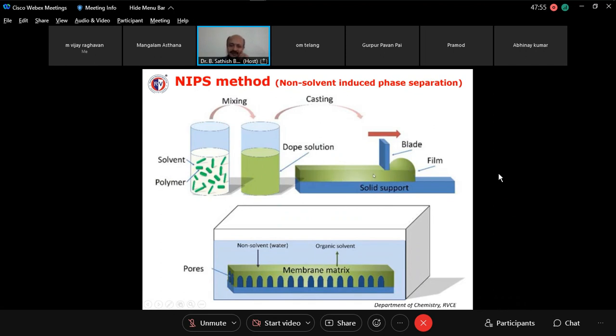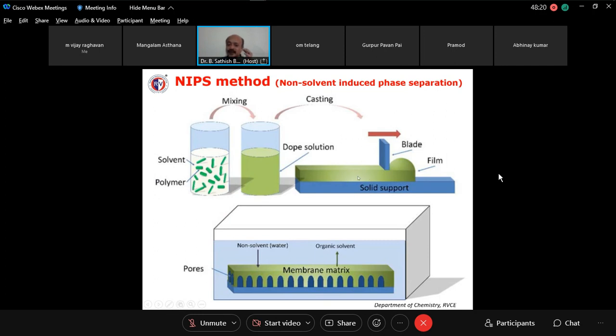Once you make the uniform surface here, this polymer along with the solid support is dipped in the water here. It is dipped in the water. Okay. So when you dip in the water, what happens? There will be some solvent molecules trapped inside this layer, right? Solvent molecules will be there.